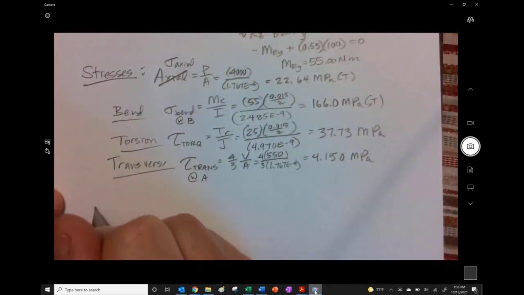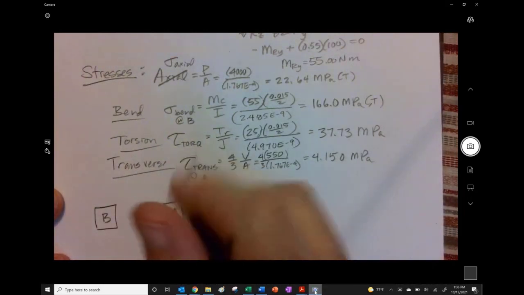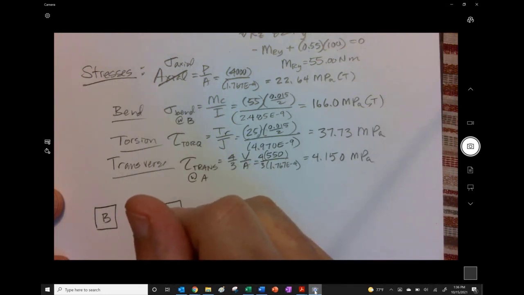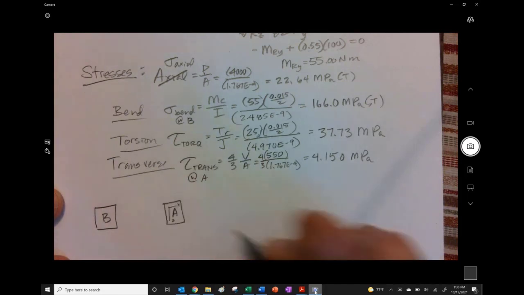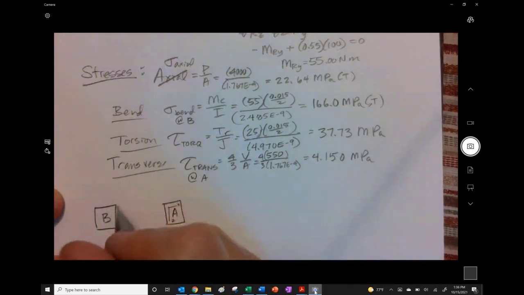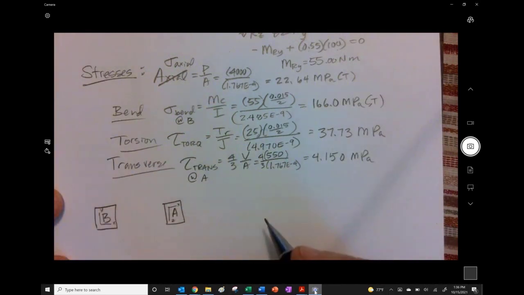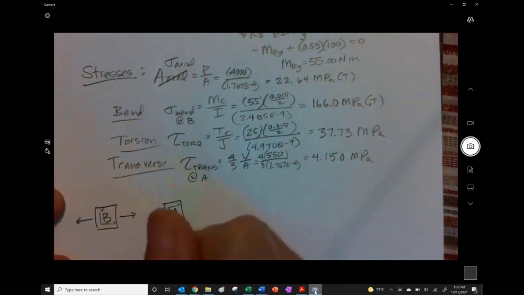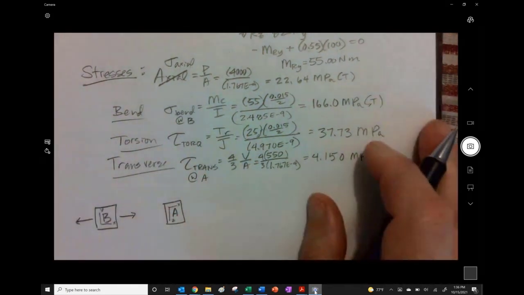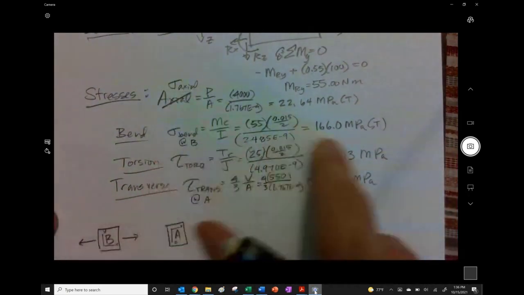So if we're looking at element B, and here's element A. Element A, I didn't get it. I guess I could fit him on there, right? He would be like X, Z. And element B looks like he's going to be X, Y. All right, so this is going to be tension at B. Tension at B is going to be due to both the axial and the bending.